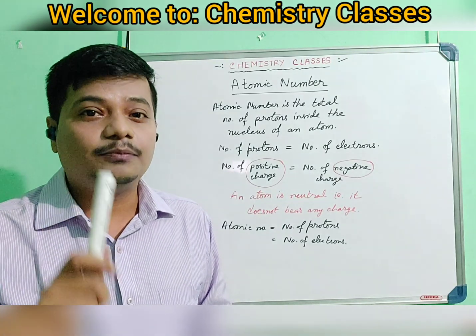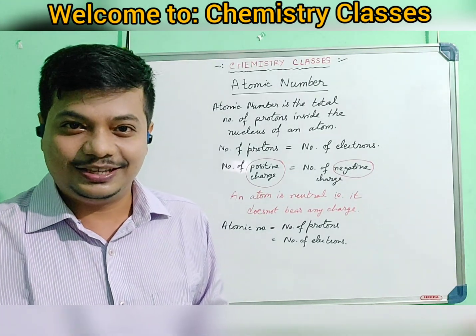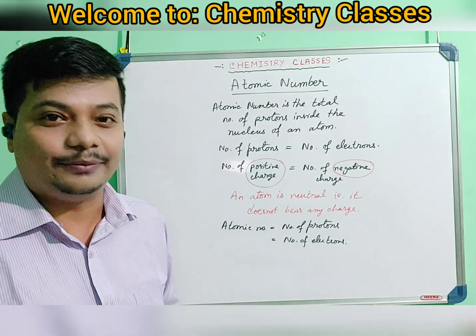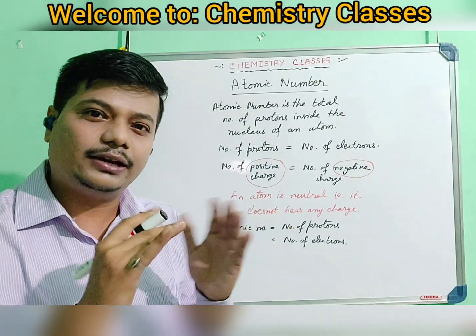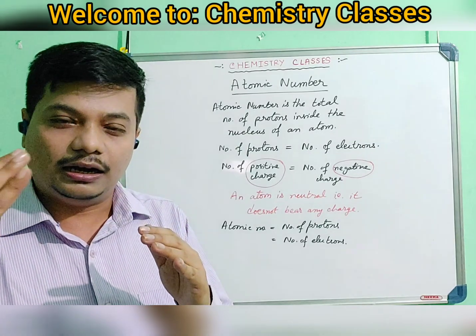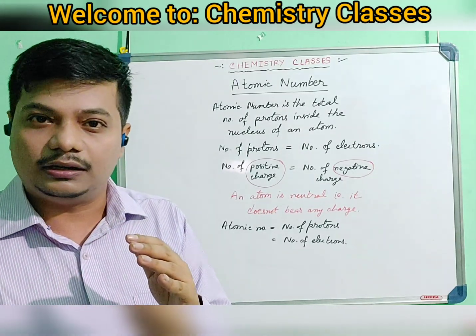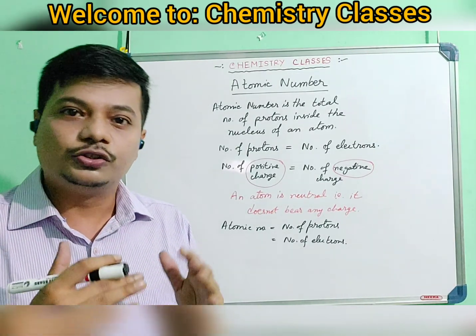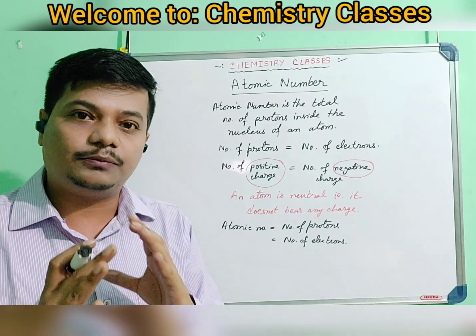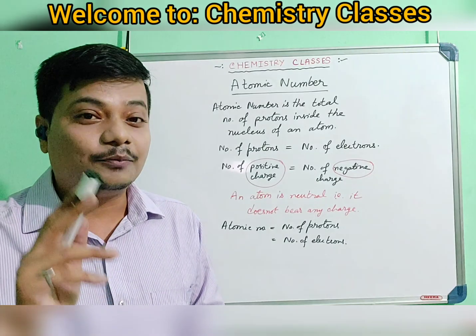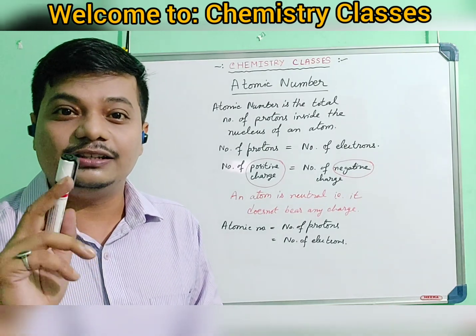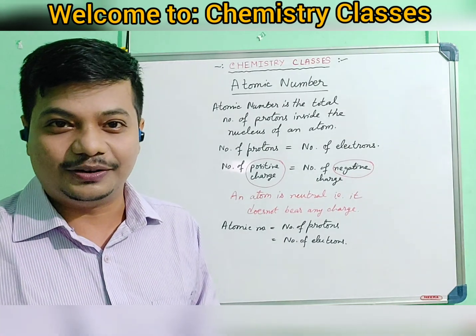Hence, their number remains unchanged. But electrons participate in chemical reactions, and as I said, the outermost electrons either move out of the atom or are added in. So the total number of electrons constantly changes. That is the reason why the number of protons is used to determine the atomic number.